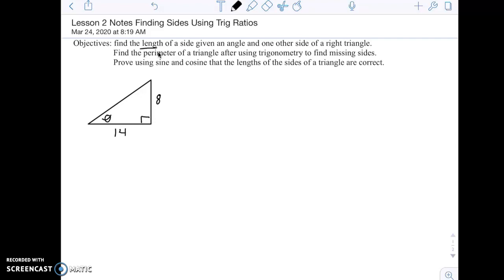The first question I would ask you is, is that sine, cosine, or tangent? And you would say, I have the opposite side and I have the adjacent side, so this will be called tangent, and that would be 8 over 14.